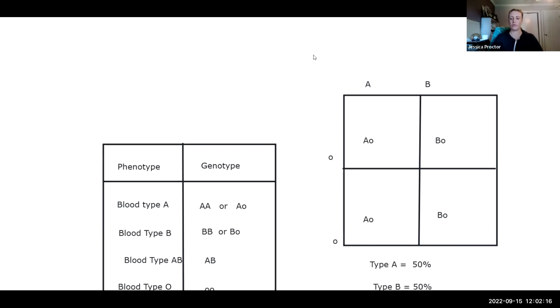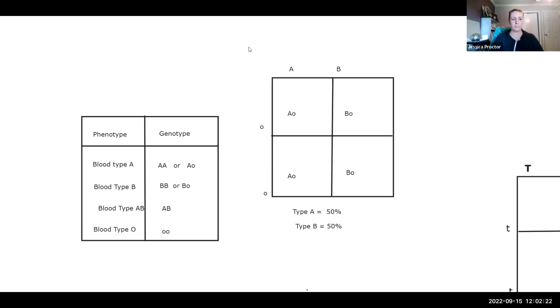Would any of those children have blood type AB? No. So blood type AB would be 0%. Would any of those children have blood type O?